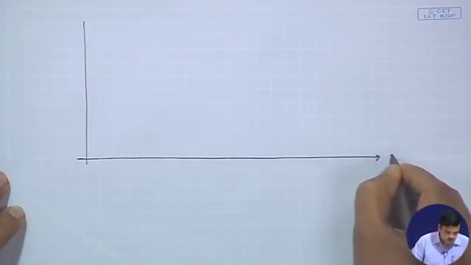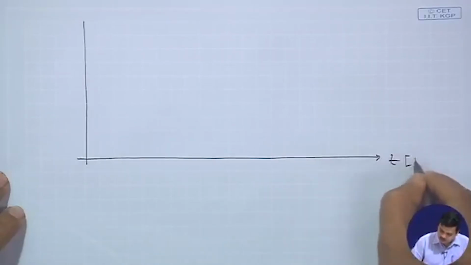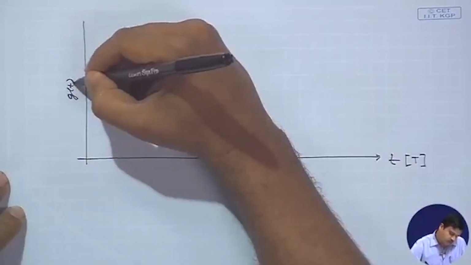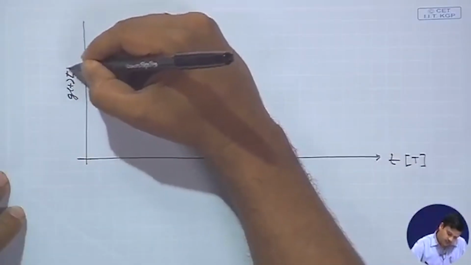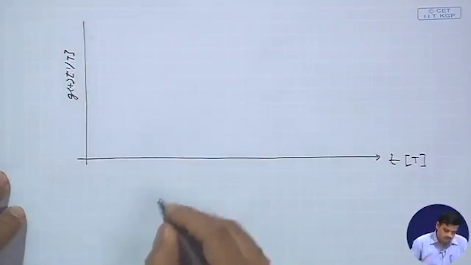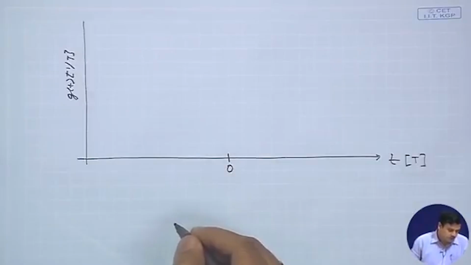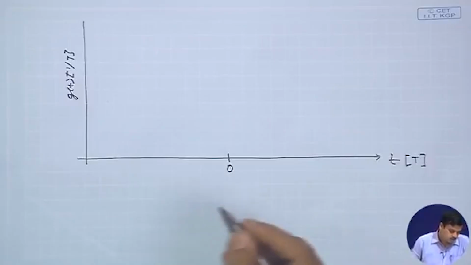So, this is t in units of capital T, and on this axis we have g of t in units of 1 upon capital T. If I mark this as my central point, we could have a pulse shape.